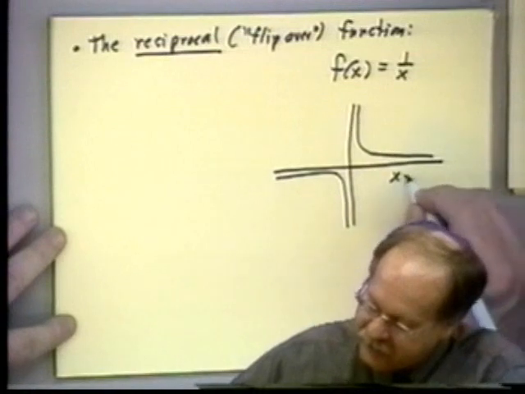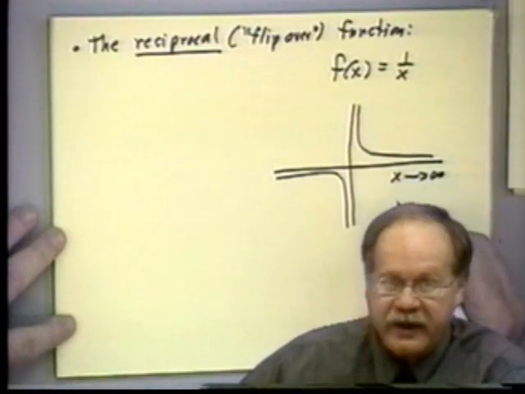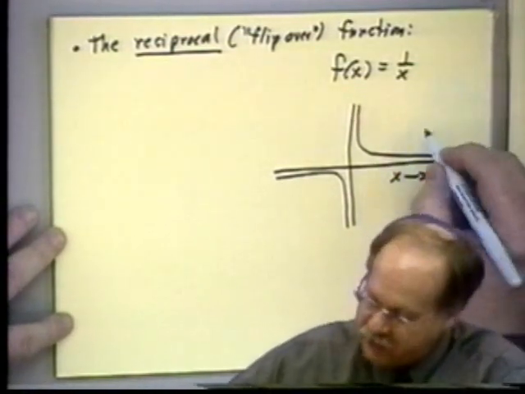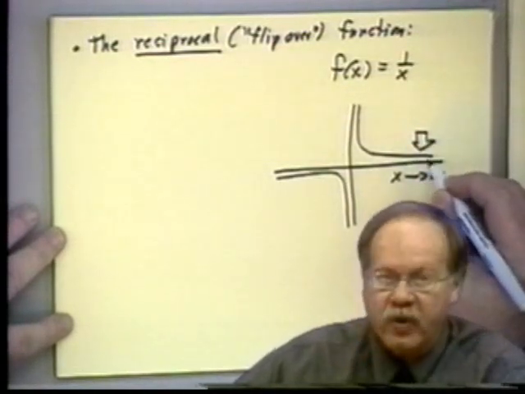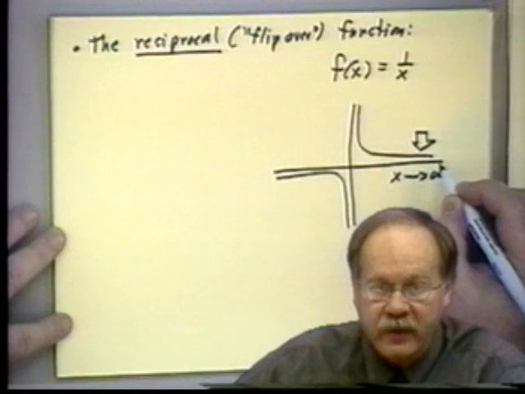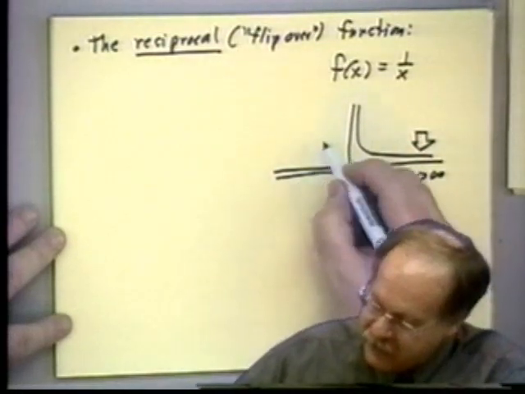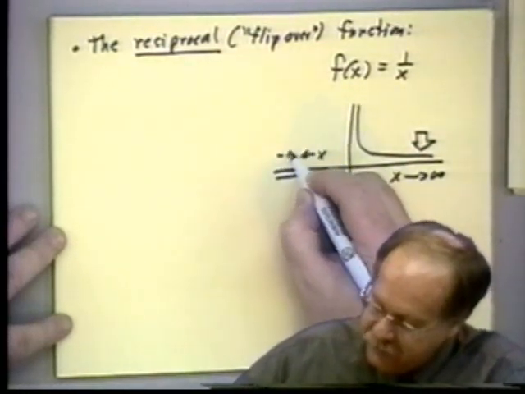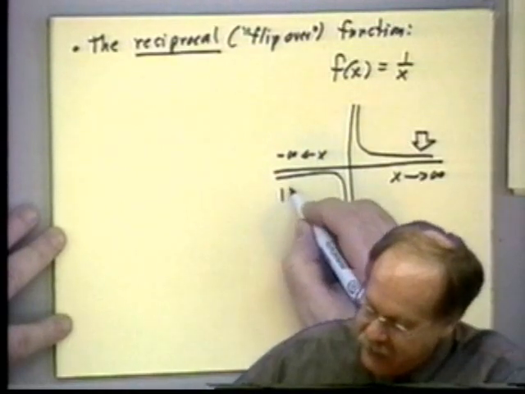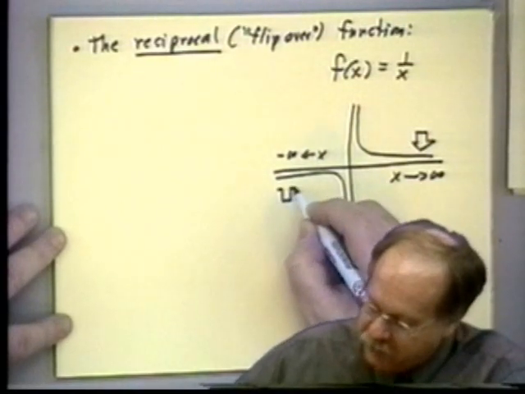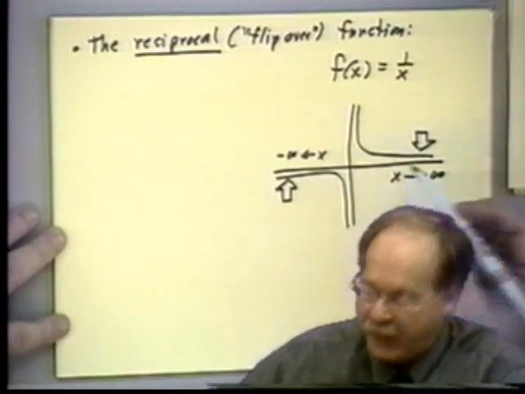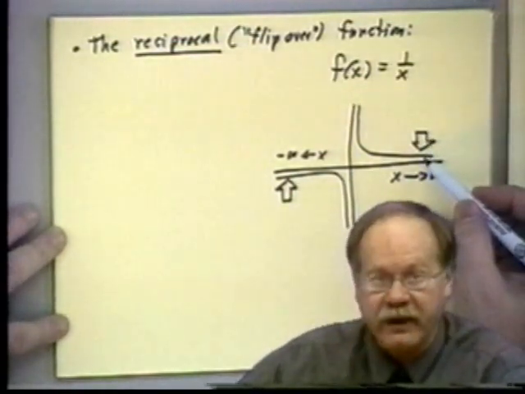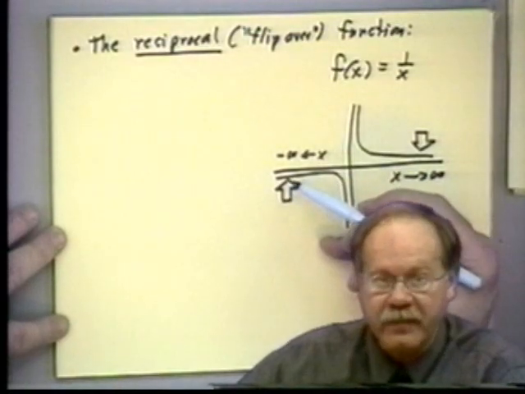And here, as x goes to infinity, we can see what's happening. The height of the function is going downward. It is going down toward this height, which is a height of 0. Then, as x goes to negative infinity in the other direction, the height is going upward, of course, but it's going upward again to the same height, the height of 0. So this is approaching 0 from above. This is approaching 0 from below.